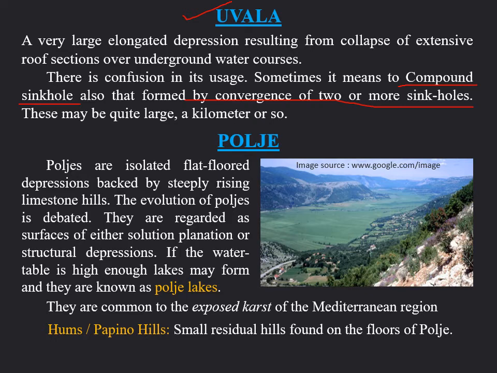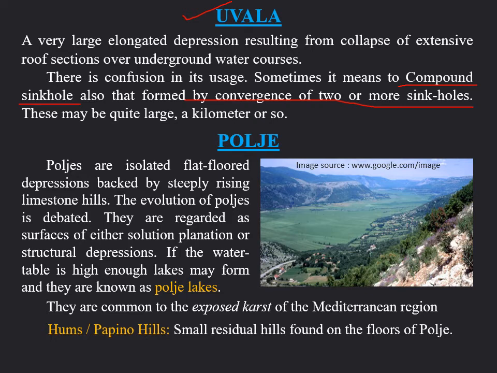So polje is much larger in dimension as well as elongated in shape, and also these have a flat bottom and are surrounded by steeply inclined carbonate rocks.